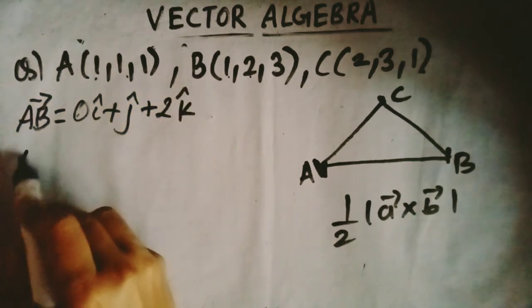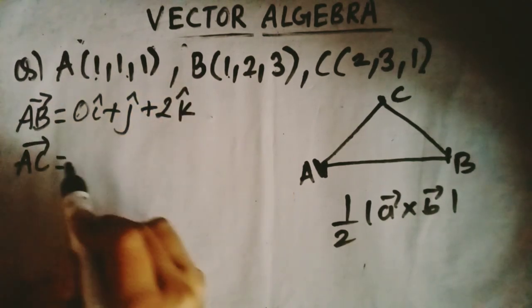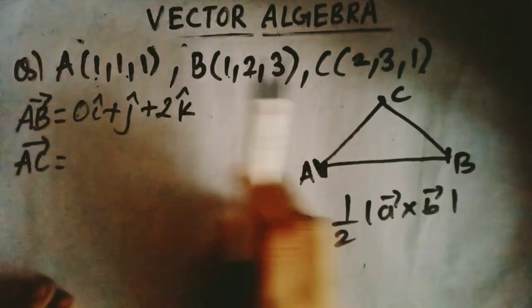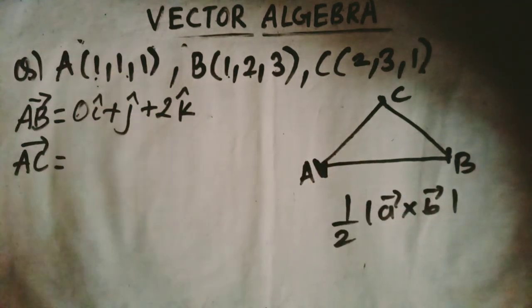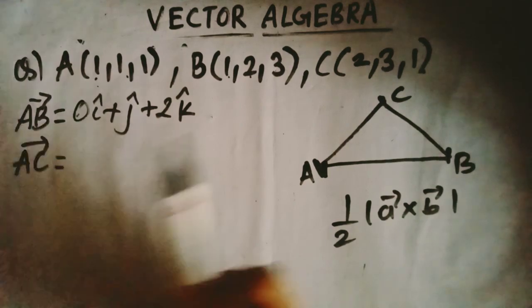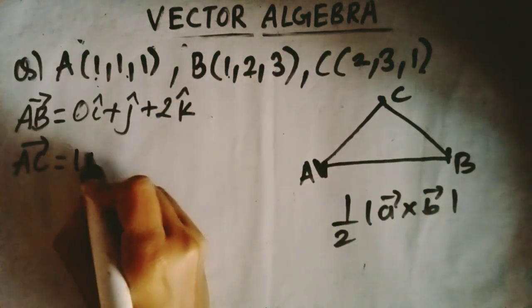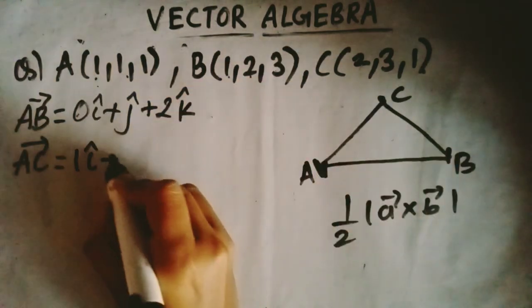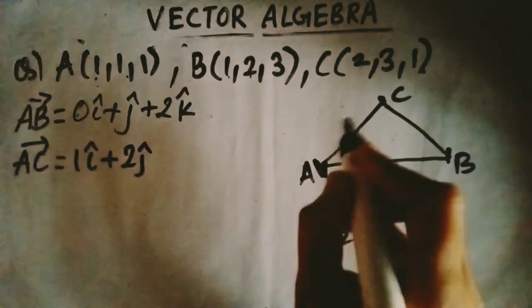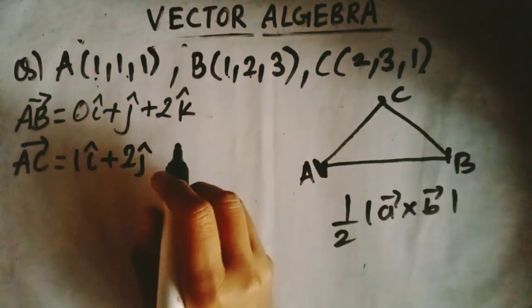Then AC vector: 2 minus 1, 1 i; 3 minus 1, 2 j; 1 minus 1, 0.